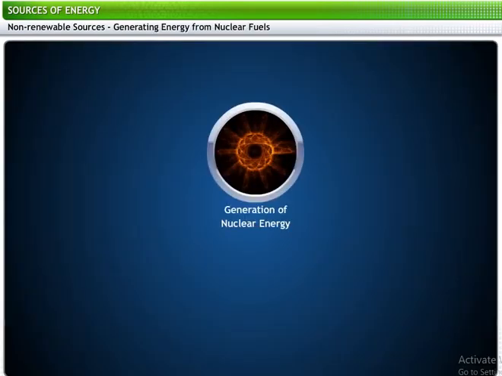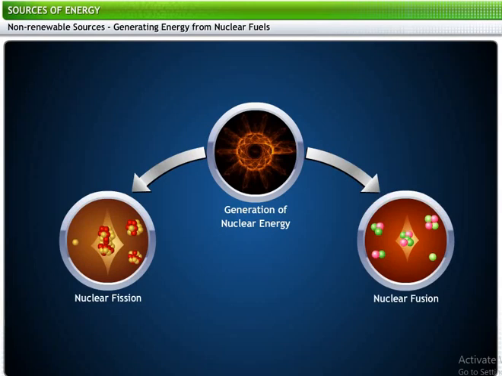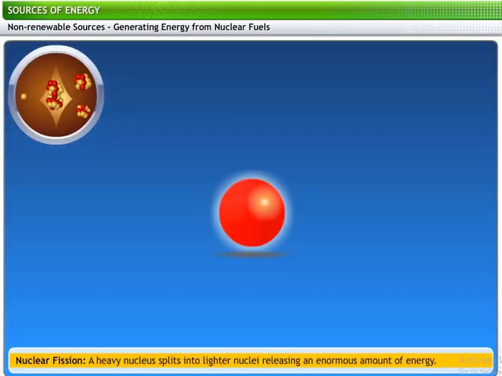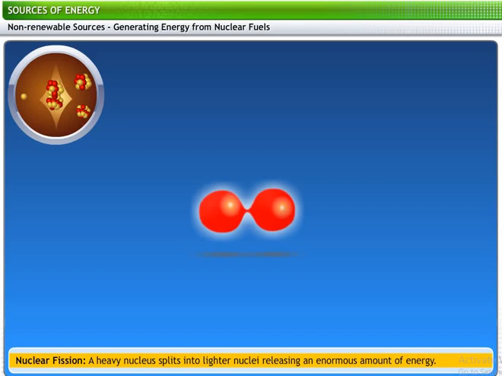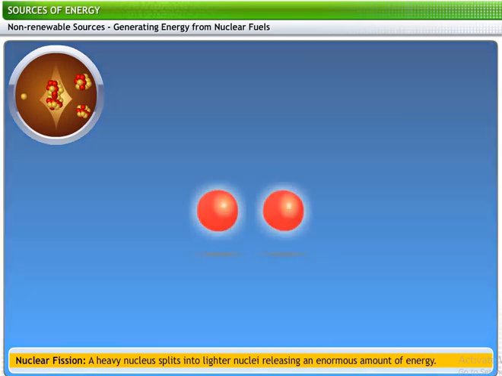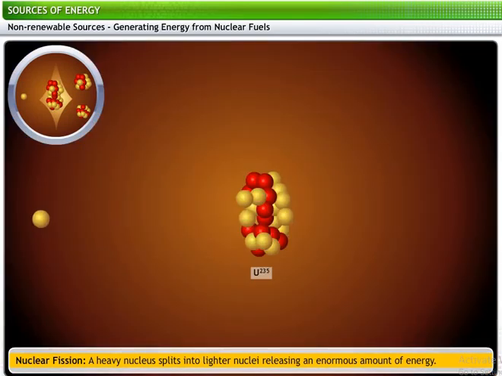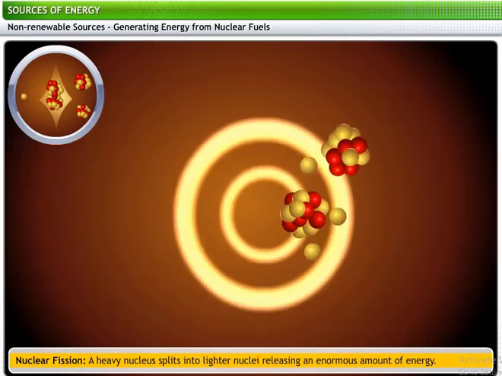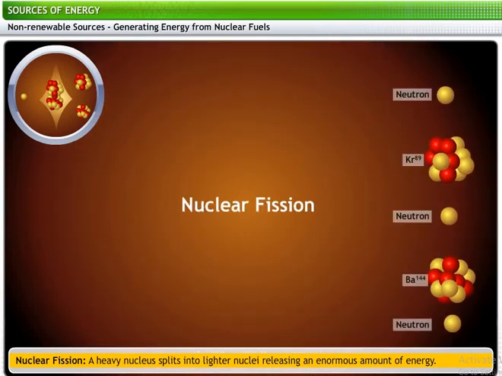Nuclear energy can be generated through nuclear fission or fusion. Nuclear fission occurs when an unstable nucleus splits into lighter nuclei. During the split, an enormous amount of energy is released. For example, when an unstable nucleus like uranium-235 is bombarded with a slow-moving neutron, it splits into two lighter nuclei, namely barium and krypton.